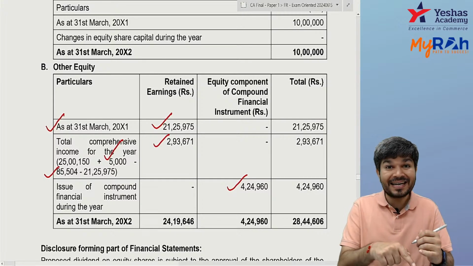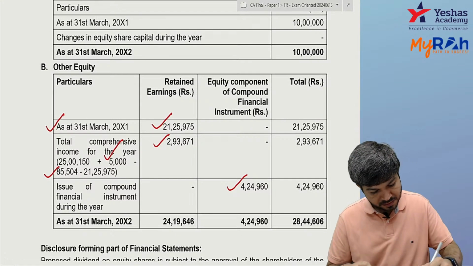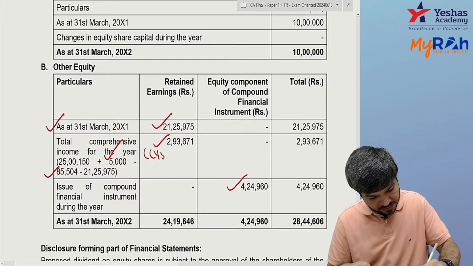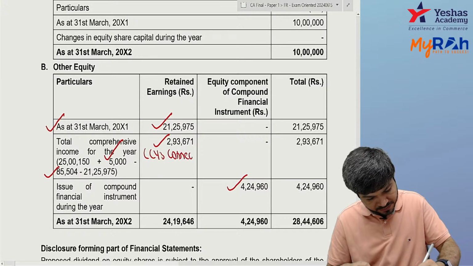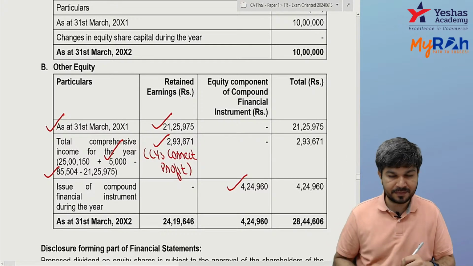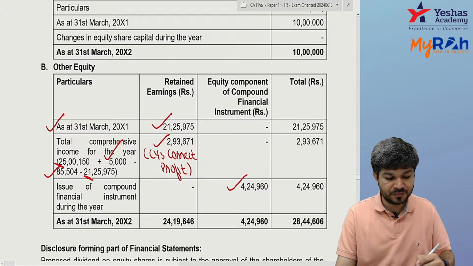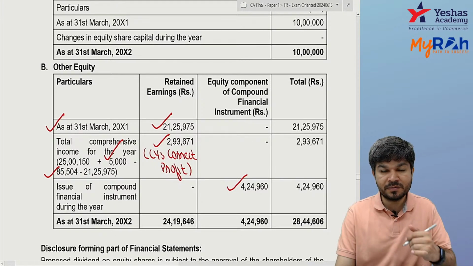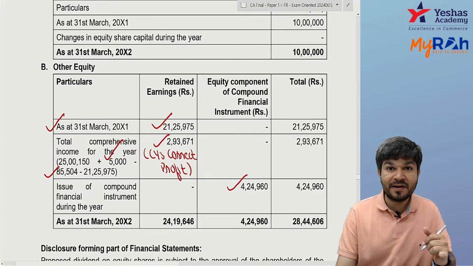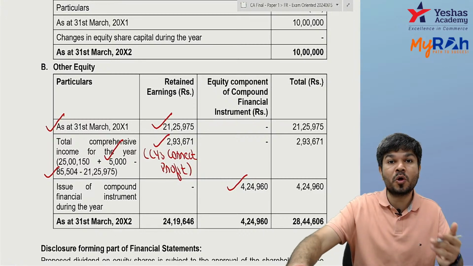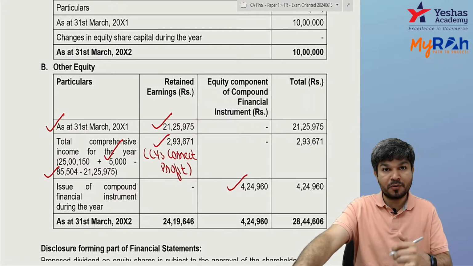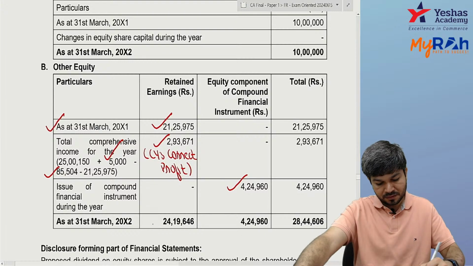So this is the current year's correct profit, 293,671. तो ये how did they found? ये opening closing का difference is current year profit. Then 5,000 related to investment going up not taken, 85504 additional interest not taken. Correct profit is this. Okay, this is done.